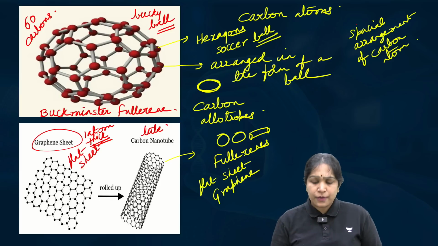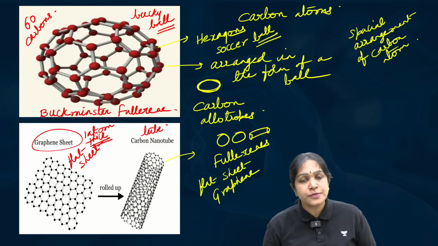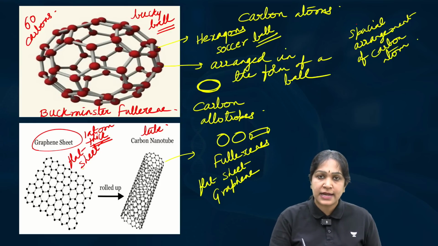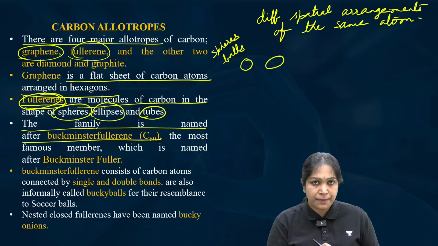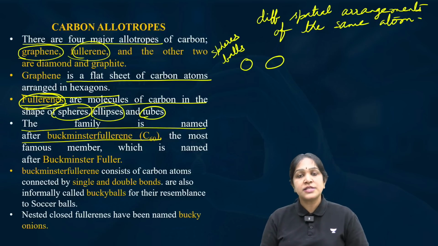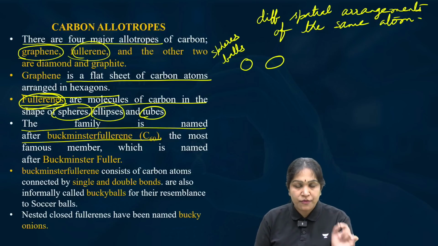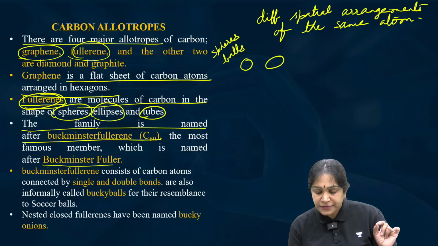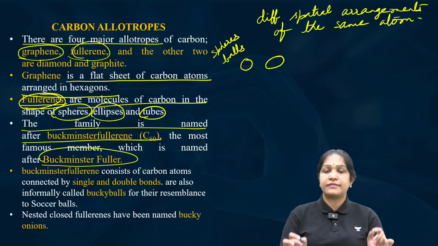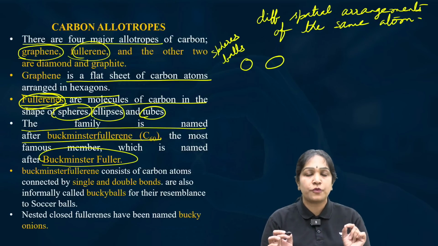Okay, I hope you remember the carbon nanotubes also come under the fullerenes category only. But the first compound in the fullerenes category is Buckminster fullerene, the buckyball. Why did Buckminster fullerene get that name? It is named after the scientist who discovered this, Buckminster Fuller.